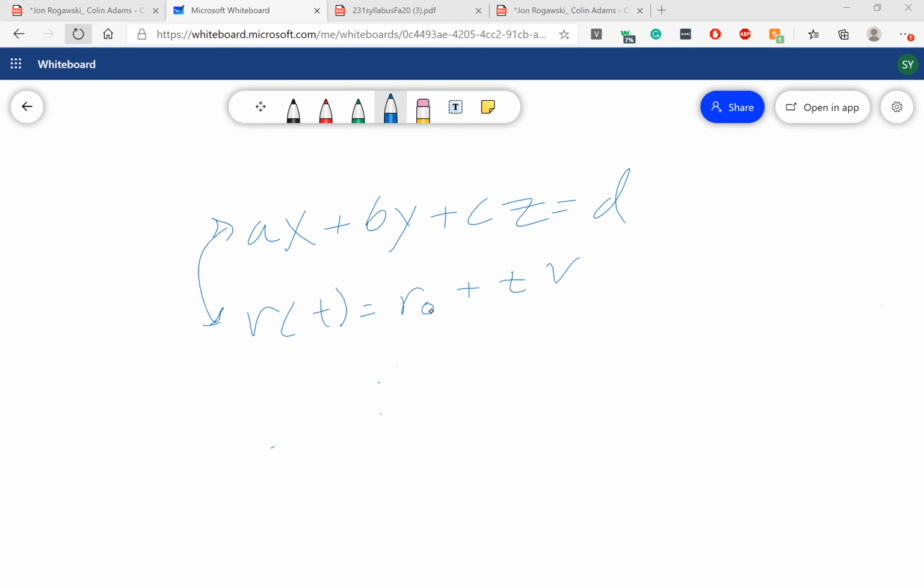And the way to do this is by rewriting this line. So we know r of t is equal to r0 plus tv. But we also know that that's equal to x of t, y of t, and z of t. Now we can take these and plug them into this equation.